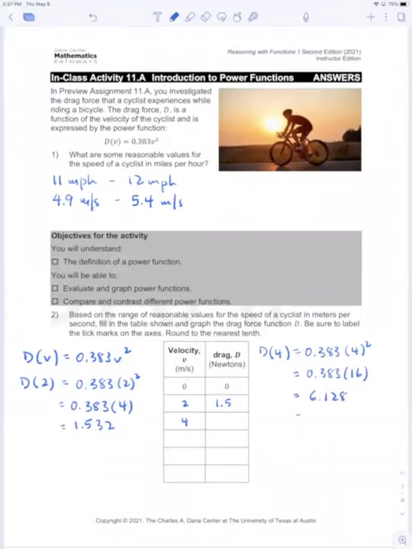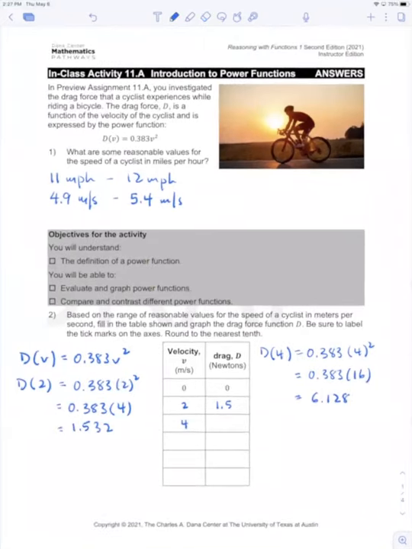Again, rounding to the nearest tenth, that would be 6.1, and I'm going to fill in 6.1 in our chart. Now the rest of the rows would be filled out the same way.